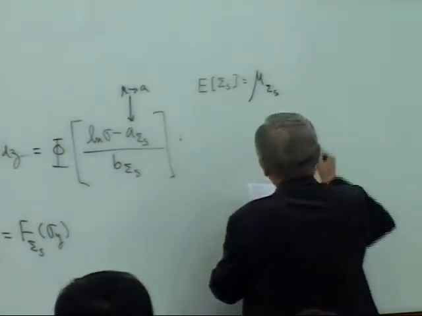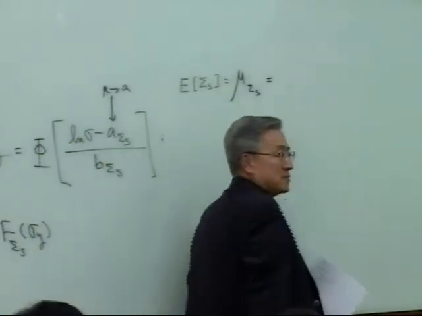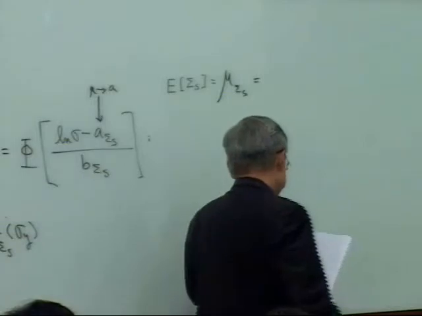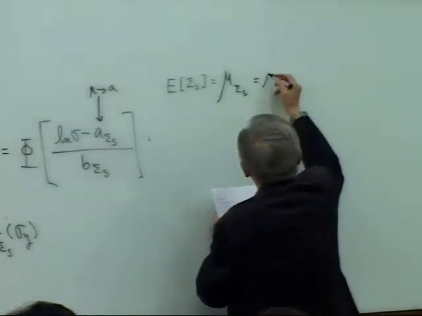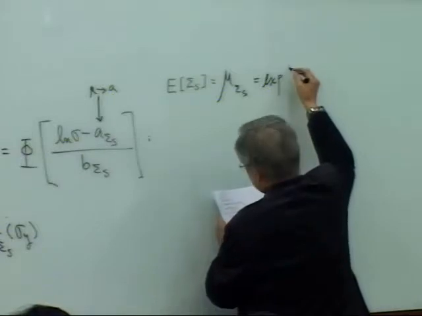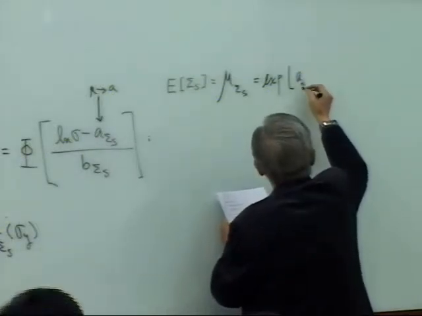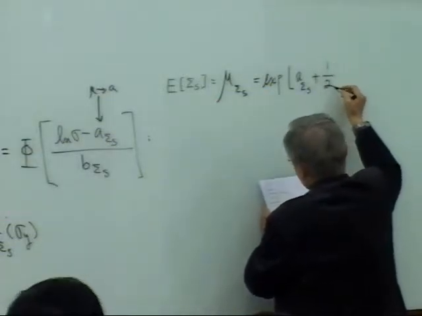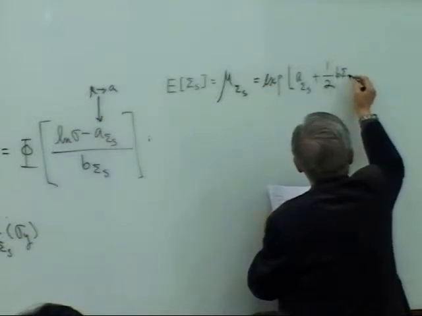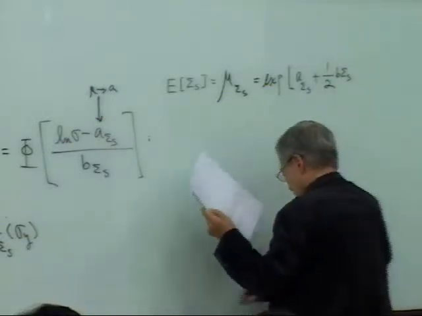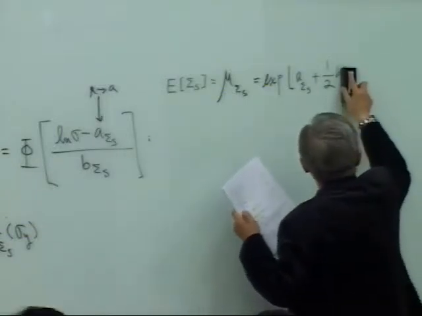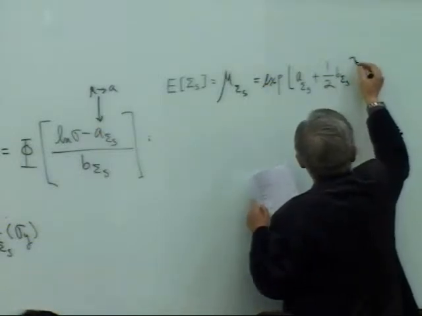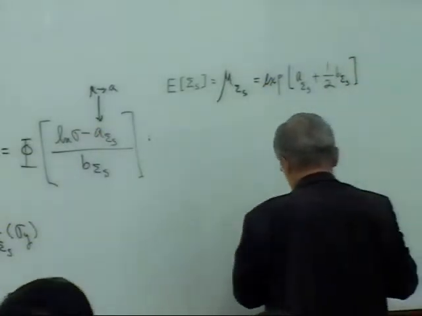And this is the expression. I didn't derive this expression. You can find it any place, or you can do it yourself as you wish. It is equal to exponential function A sigma s plus half of B sigma s.